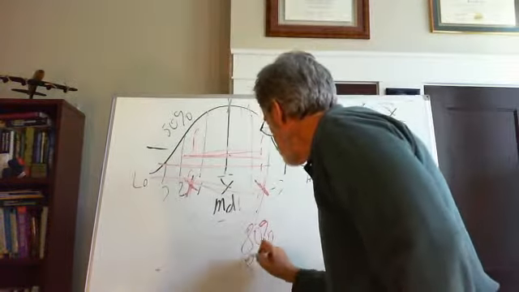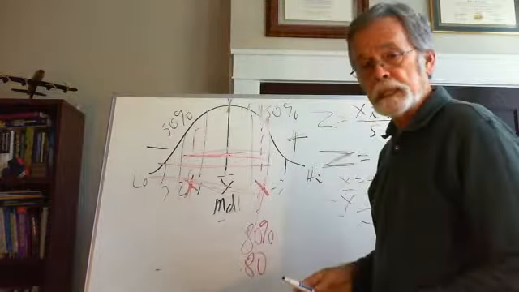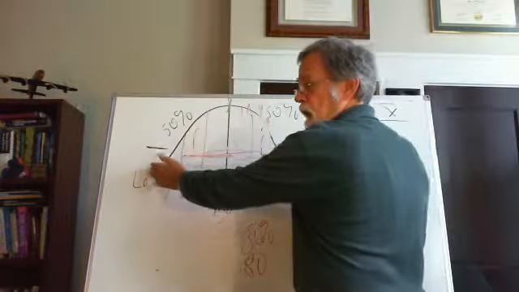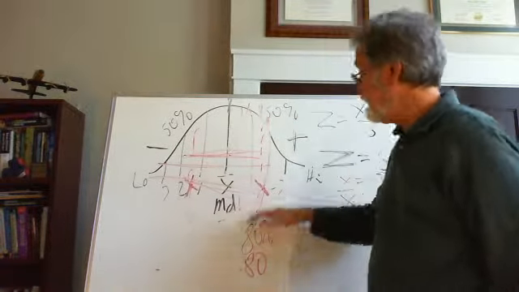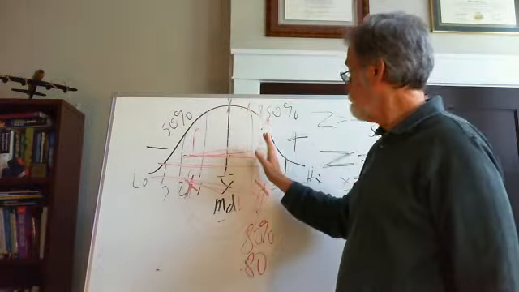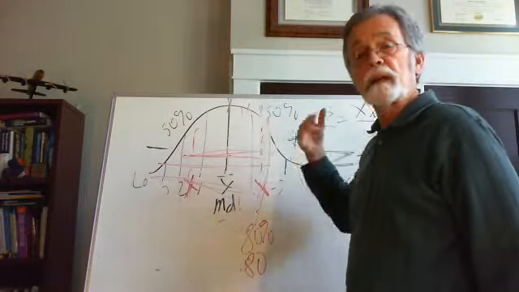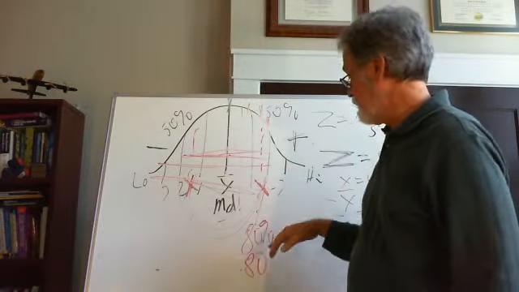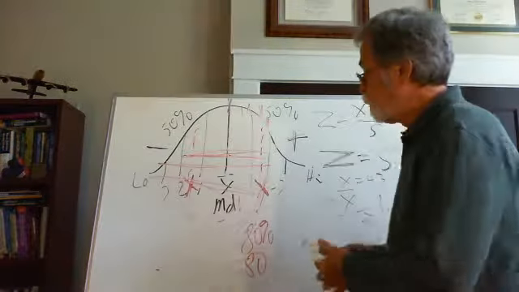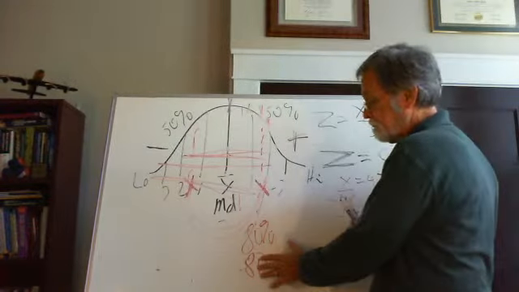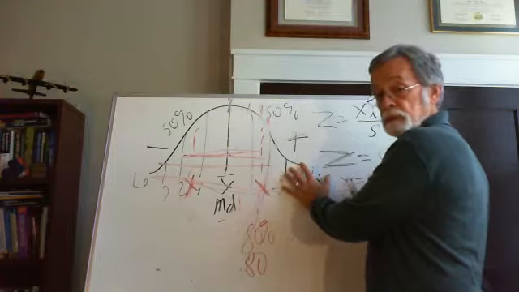Proportionally, that's 0.80. Another way to look at that is, call this a population. Out of a population of 100, 80 out of every 100 people you encounter, if we put it that way in probability, will score in this range. 20 out of every 100 will score in this range.